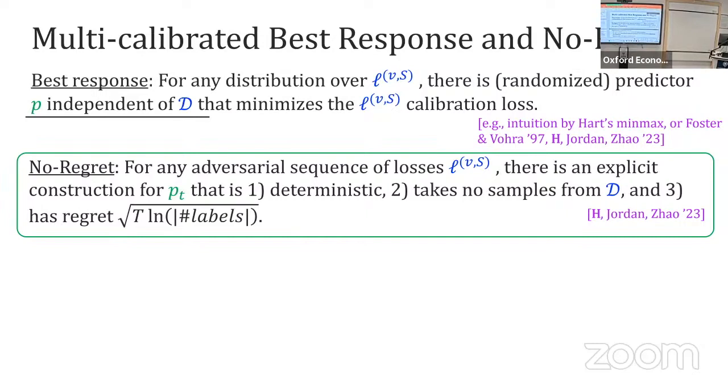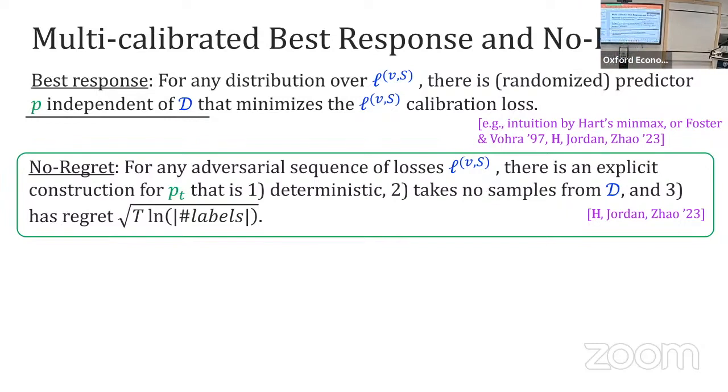All I need to know is which predictor, like which groups and which v's I'm trying to be calibrated for. The reason is that if you know what population matters and which v is the one that matters, you could just try not to ever predict that v. Of course, this could be a v that is random, so you cannot just avoid those predictions, but you can make sure that they're calibrated easily.